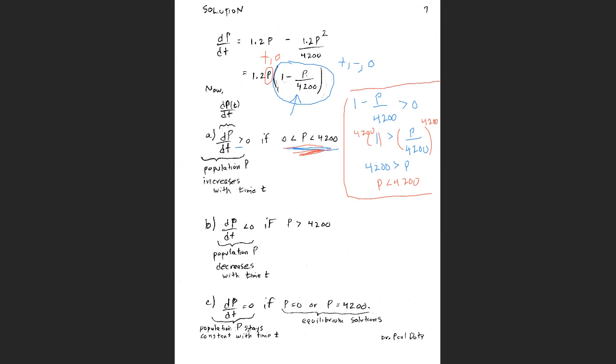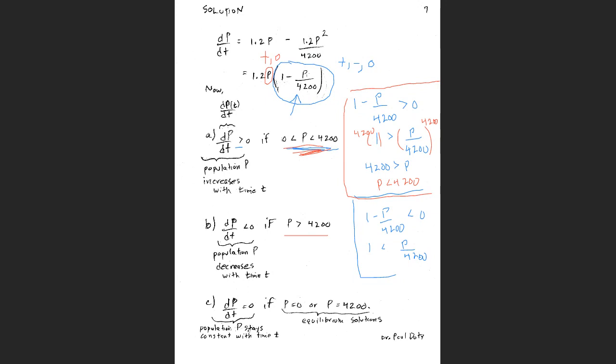Okay, let's continue. The growth rate is negative when p is greater than 4,200. Again, when is the factor 1 minus p over 4,200 less than 0? Because that would make the derivative negative. That means 1 is less than p over 4,200.